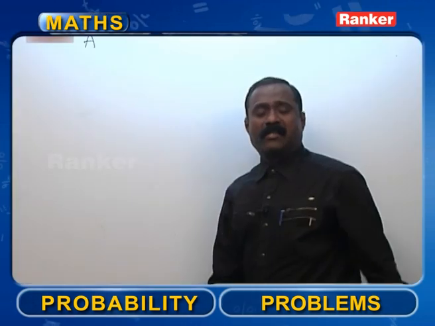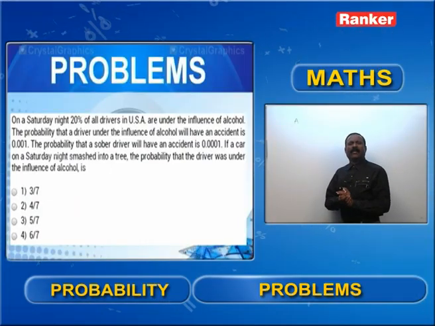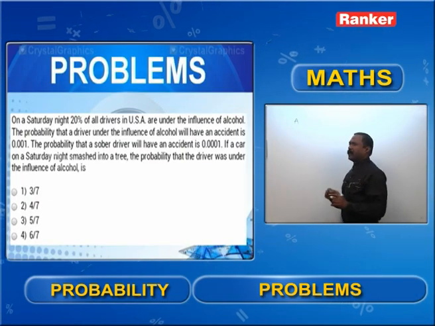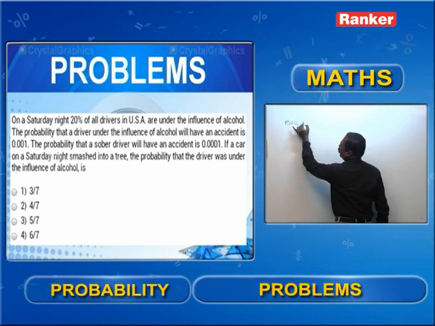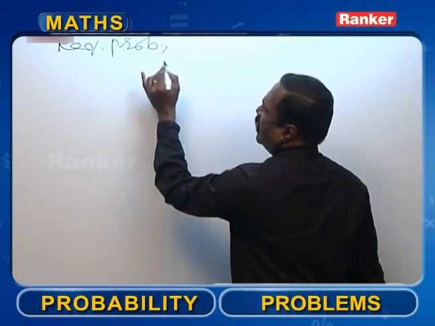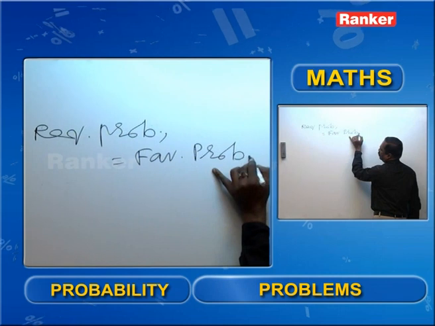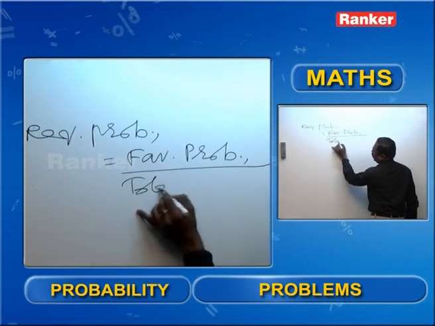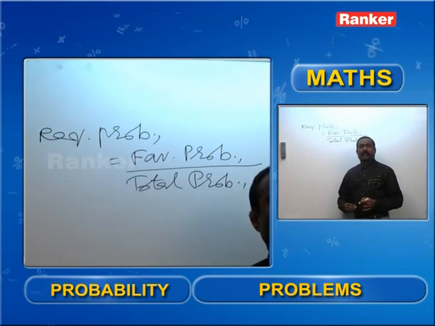So understand what is A here. Simple, you can write it in one step. Bayes theorem says that the required probability is nothing but favorable probability upon total probability, because these are objective questions.